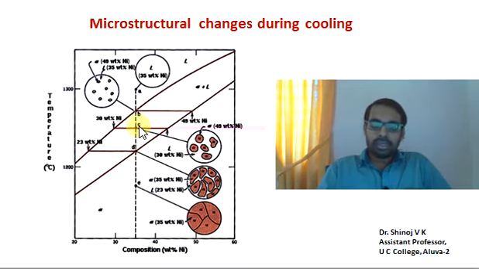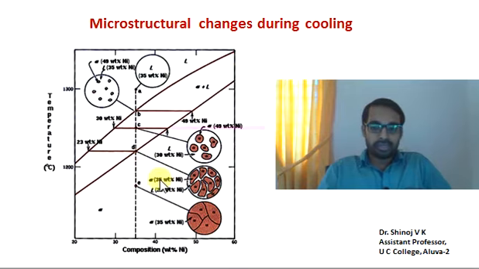On cooling, we cross the liquidus line and enter into a two-phase region. This is the central region, where the solid and liquid phases coexist with each other. On further cooling, we cross the solidus line, and the material is now fully crystallized into a polycrystalline solid.